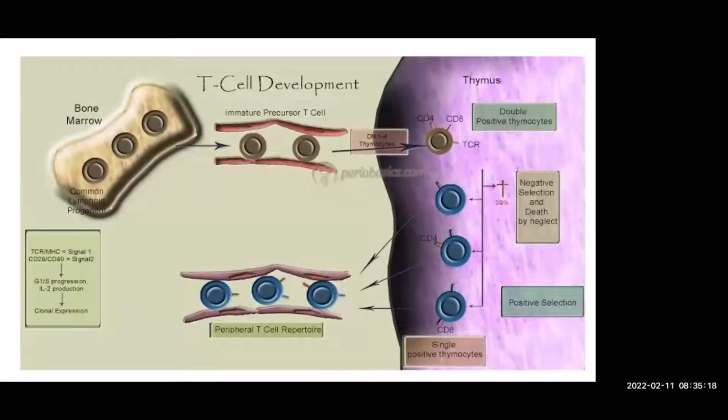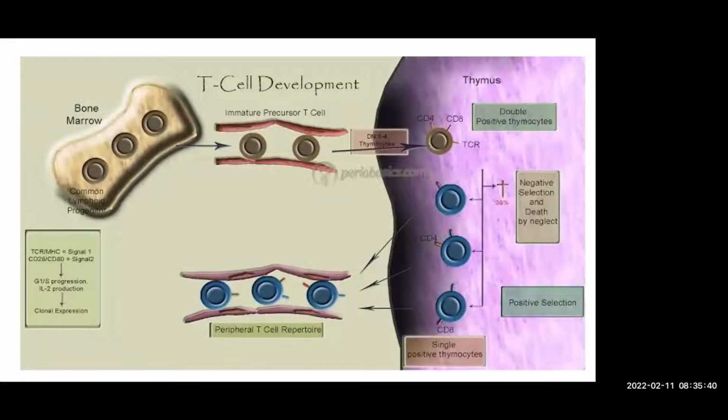Understanding the origin of T cell leukemias requires a basic understanding of T cell development. The hematopoietic stem cells present in the bone marrow give rise to progenitor cells called common lymphoid progenitors. Progenitor cells are the cells which are primed to become T cells.